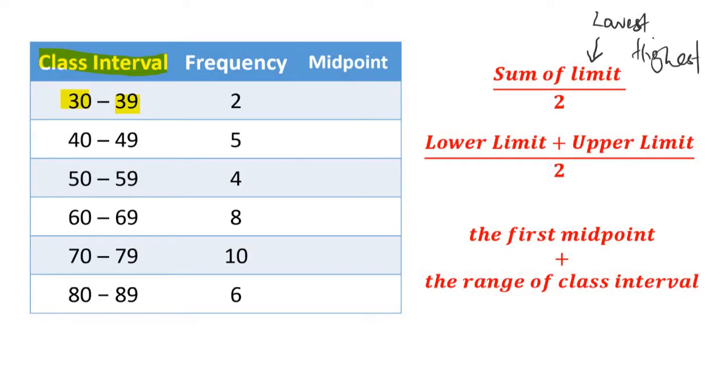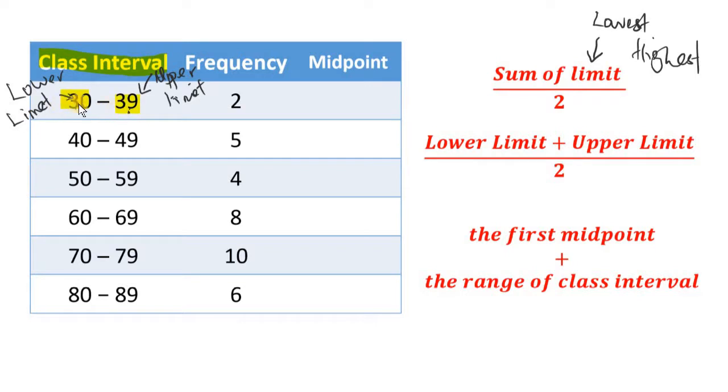Just now I forgot to mention it. So for example, this is the lower limit, and this is the upper limit. Again, 30 is the lower limit and 39 is the upper limit.